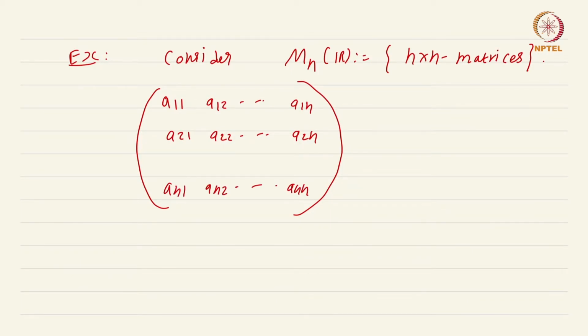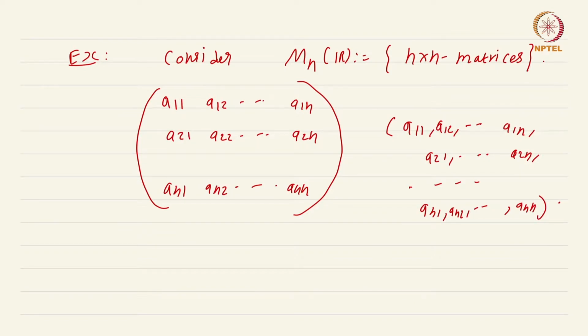Now we can write this as a single row: A11, A12 dot dot dot A1n, and then you start with A21, A22 dot dot dot A2n, dot dot dot An1, An2 dot dot dot Ann. So this entire two-dimensional array of numbers can be represented as a single linear array of numbers by writing the rows one after the other.